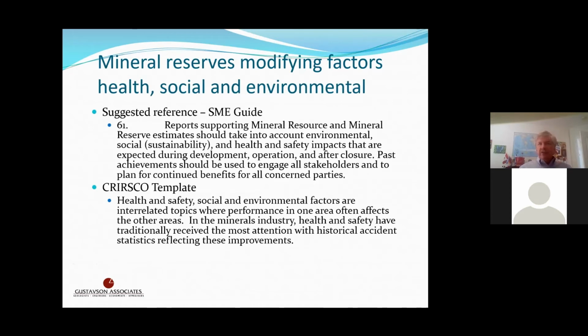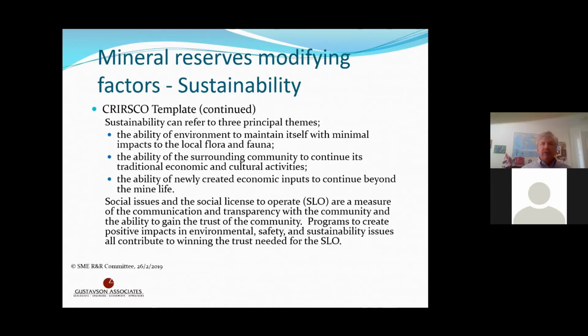I suggest that you refer to some notes in the SME Guide talking about taking into account environmental, social, and health and safety impacts, and comments in the CRIRSCO template, which refer to the same, as you are writing your reports.